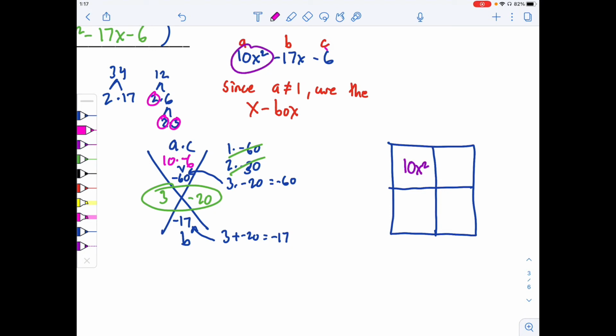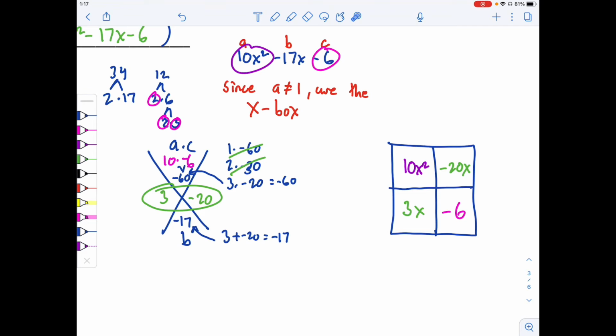Our last term, -6, goes here. Then our two middle numbers that we found, 3x and -20x, we put with the x. These two always add to the middle, right? So this adds to -17x. So it is correct.